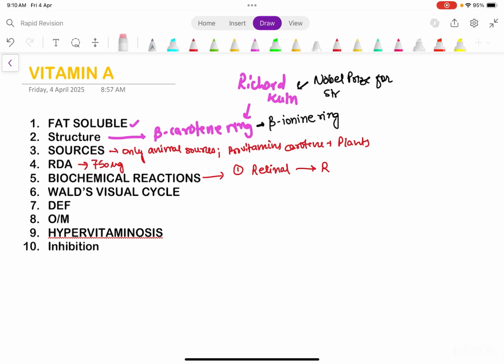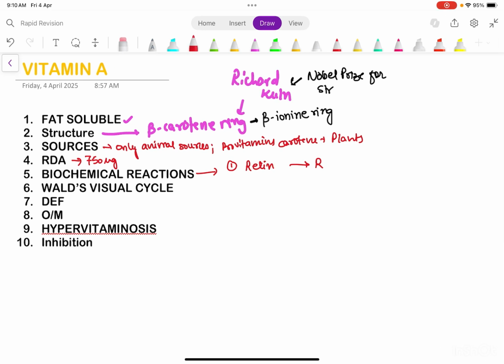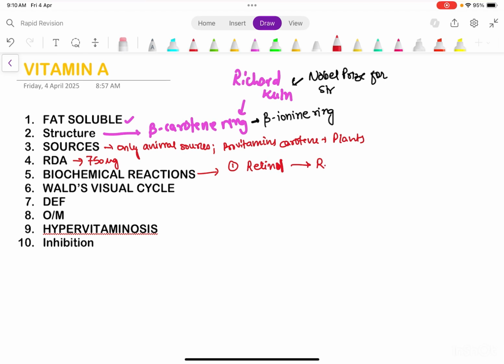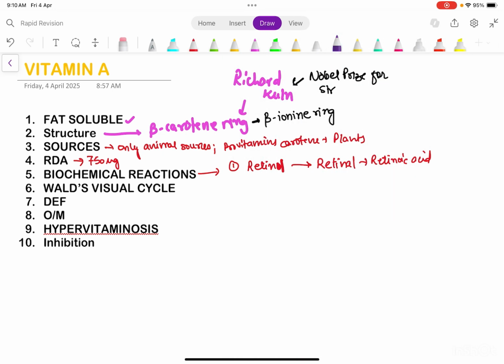One is retinol, then retinal, and then retinoic acid. Sometimes they ask you the function of them. So retinol is involved in reproduction, retinal is involved in vision, and retinoic acid is involved in cell differentiation.